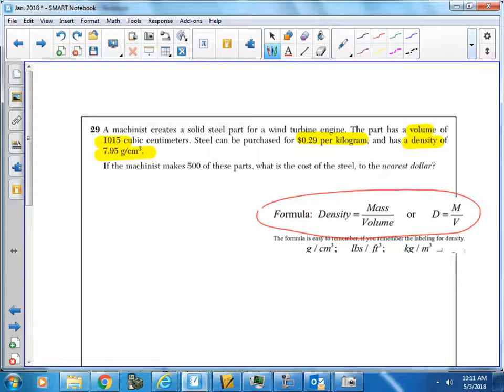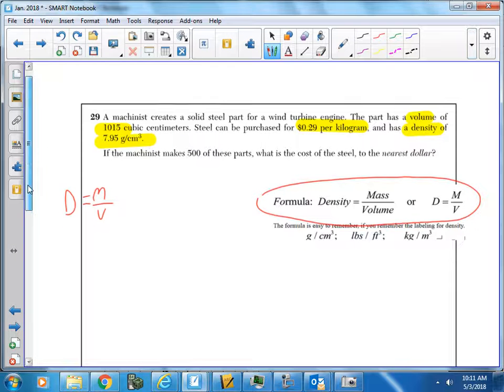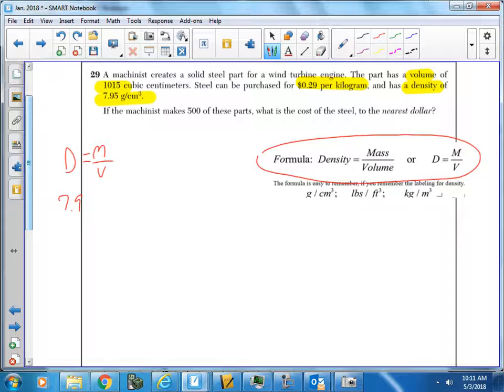So D equals mass over volume. We have the density, so we plug that in: 7.95 equals mass, which is what we're looking for, over our volume, 1,015 cubic centimeters. We cross multiply, so M is equal to 7.95 times 1,015. Once you do that, you get 8069.